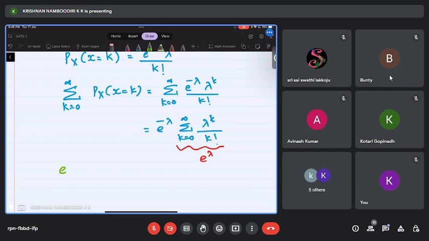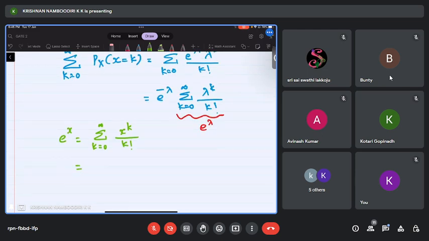So e power x equal to summation k equal to 0 to infinity x power k divided by k factorial, or in other words, this is equal to 1 plus x by 1 factorial plus x square by 2 factorial plus x cube by 3 factorial plus etc. Okay, so this is the definition. So if you use that, you will get this is equal to 1.